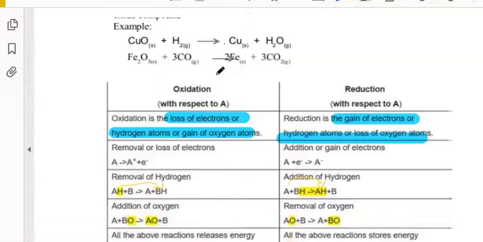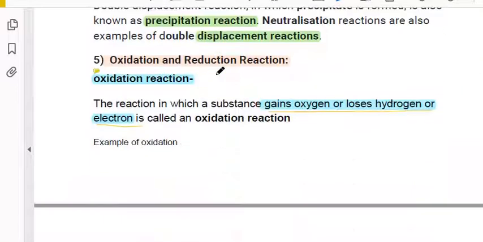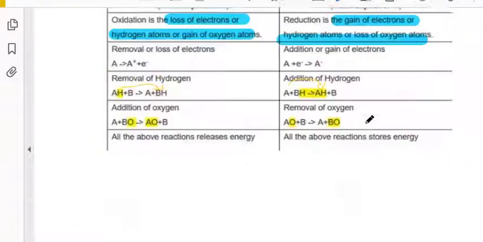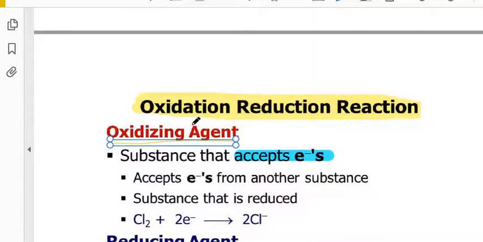In the last video we saw that oxidation means gain of oxygen, loss of hydrogen and loss of electrons. And the oxidizing agent is just the reverse of oxidation, meaning whatever reduction is taking place, that is called the oxidizing agent. In oxidation we were reading loss of electrons, but here we are reading gain of electrons.